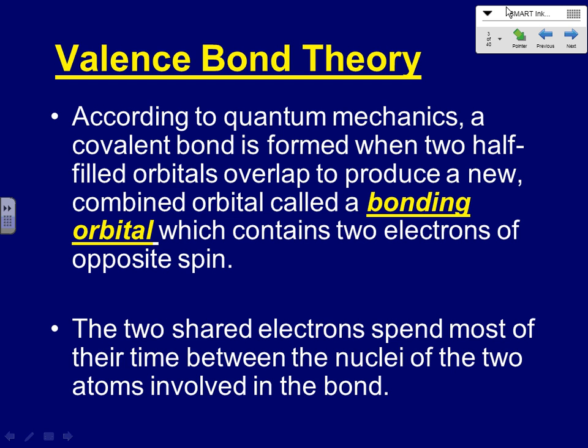So in the valence bond theory, we don't have 2 atoms sharing a pair of electrons. We have our electrons existing in this area that we call the orbital.